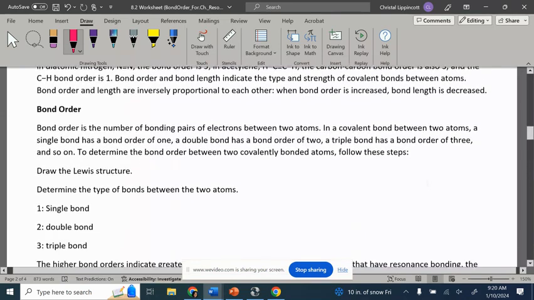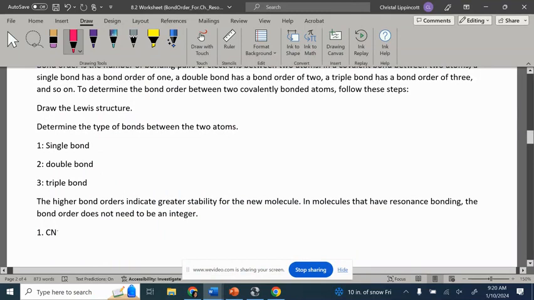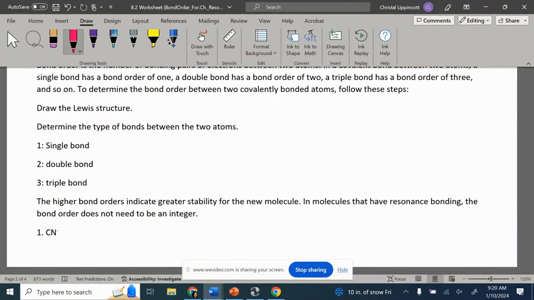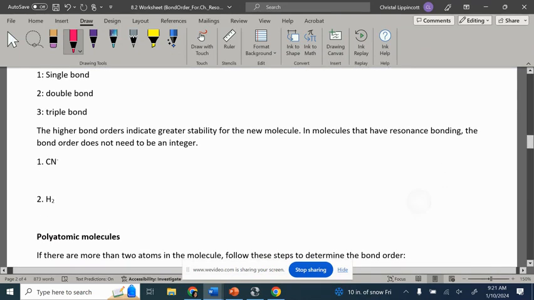So draw the Lewis structure. Determine the type of bonds. Are they single, double, triple? Higher bond order indicates higher stability. It's going to be more stable. And then we need to talk about something called resonance.